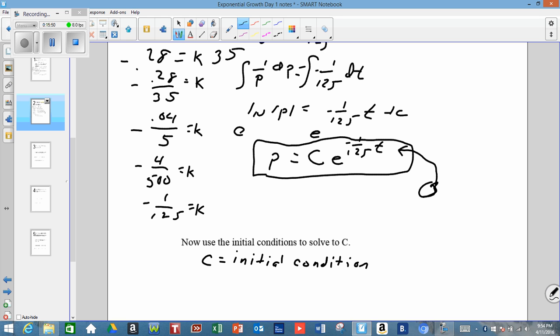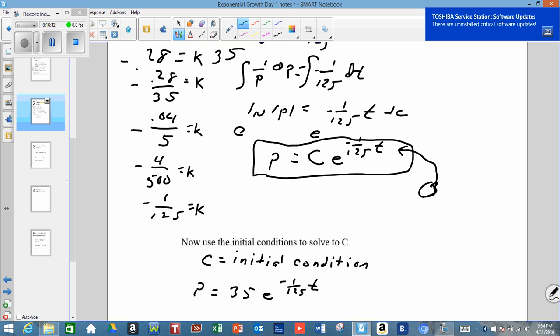So if they give you an initial condition, you can just plug that right in for the c. So we're going to do that. So p is 35 e to the negative 1/125 t. And there's our equation for the air pressure at any given time t.